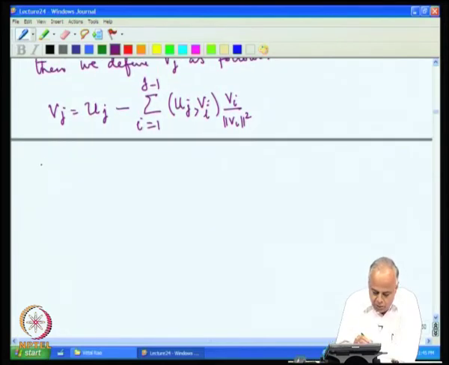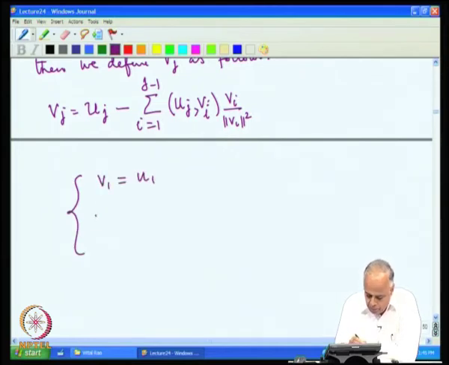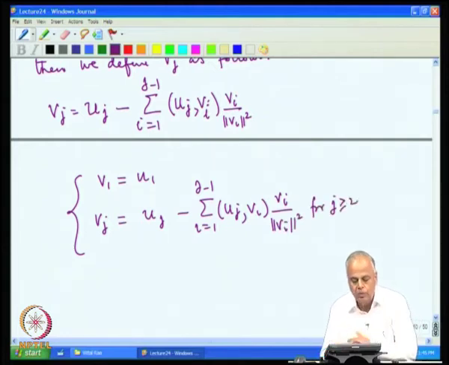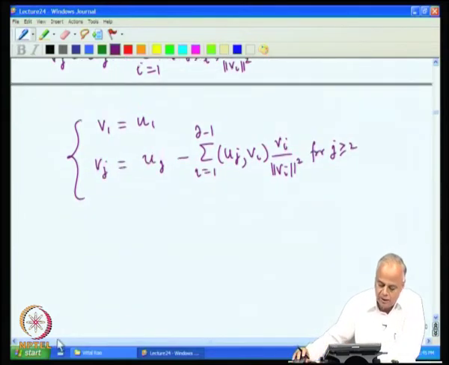So, the general procedure is: v1 is defined as u1, and for j greater than or equal to 2, vj is defined as uj minus the sum over i equal to 1 to j minus 1 of the inner product of uj and vi divided by the length of vi squared, times vi. So, once we know v1, we know v2, and once we know v1, v2, we know v3, and once we know v1, v2, v3, we know v4, and we go on recursively like that.